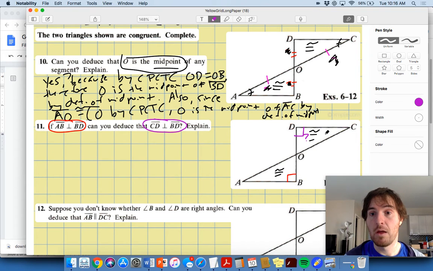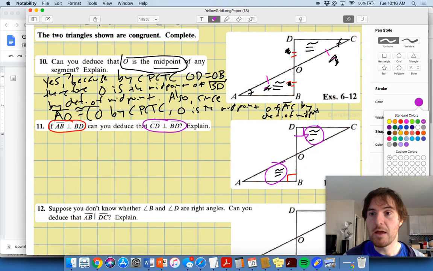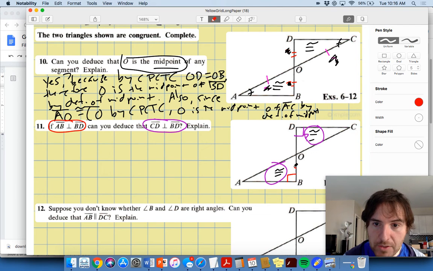Can we do it, and how? Well, remember, we were given that these triangles were congruent. And because these two triangles are congruent, we have corresponding parts, which would be angle B and angle D are congruent to each other. If that's a right angle, if that's perpendicular, a right angle, then that would also be a right angle, and then it'll also be perpendicular.